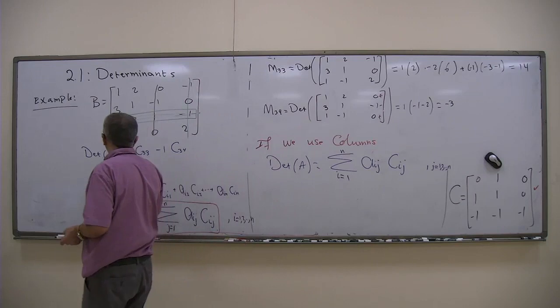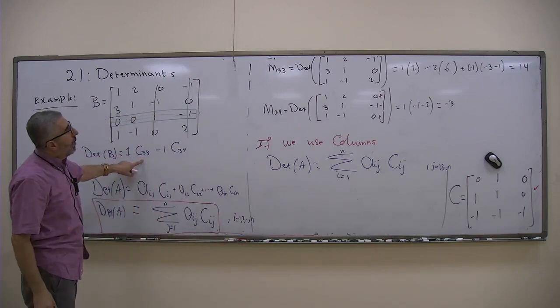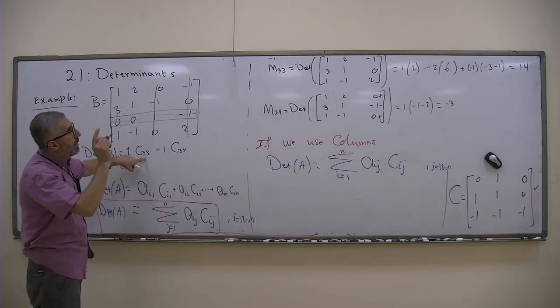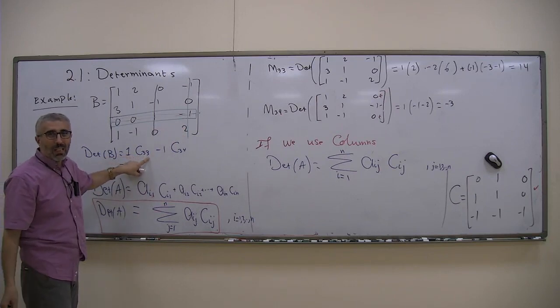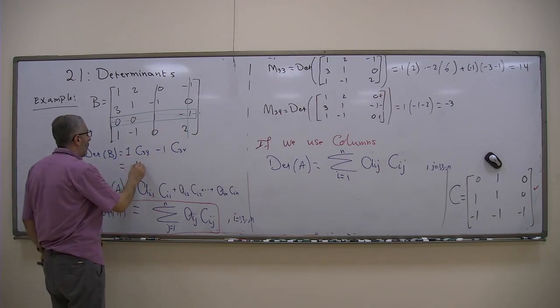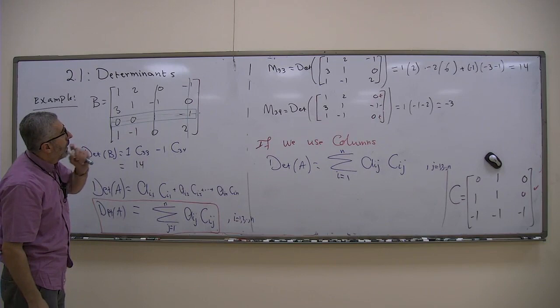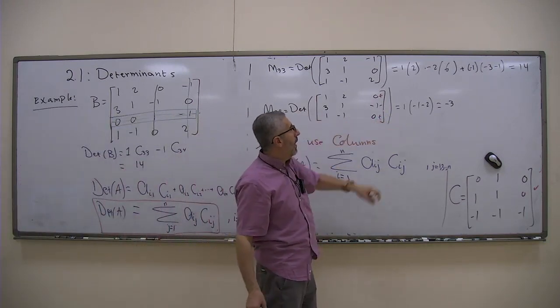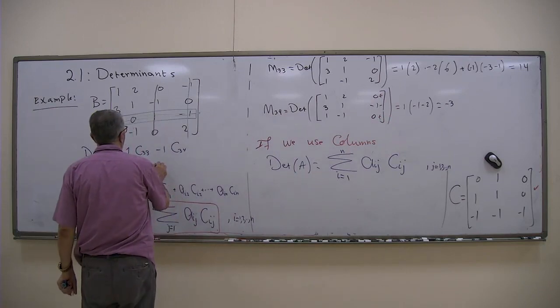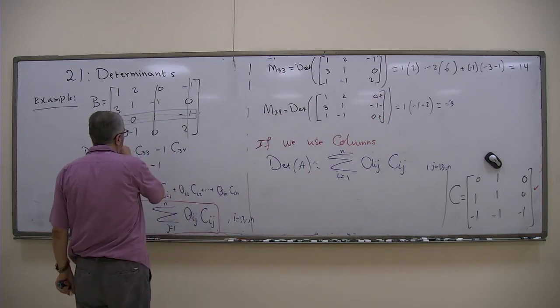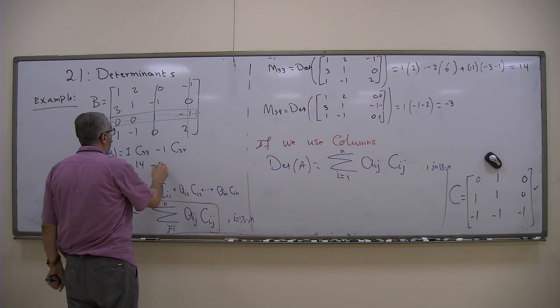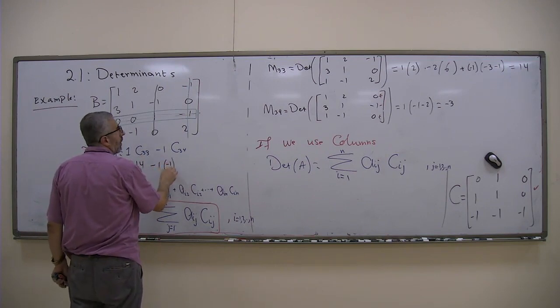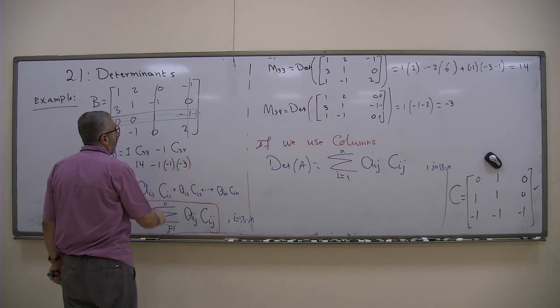So now you substitute to get the cofactor. This will be the same as the minor, because 3 plus 3 is 6. It's an even number, so this is 14. And 3 plus 4, that is 7. It's an odd number, so you have negative sign and -3. So this will be -1 times -1 times -3.